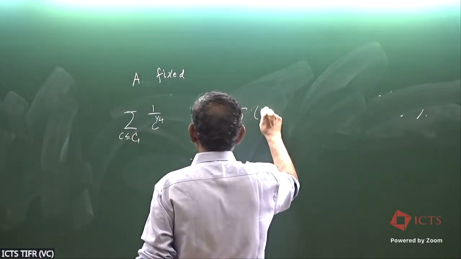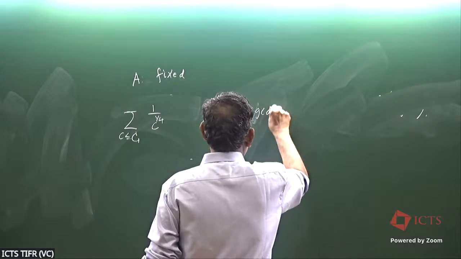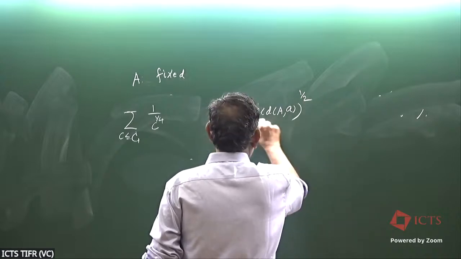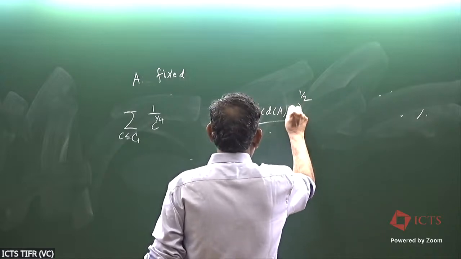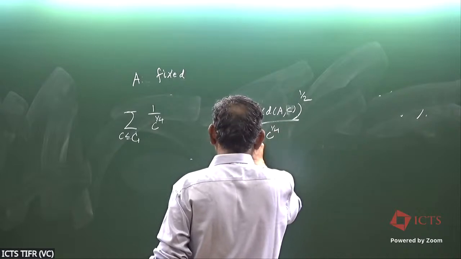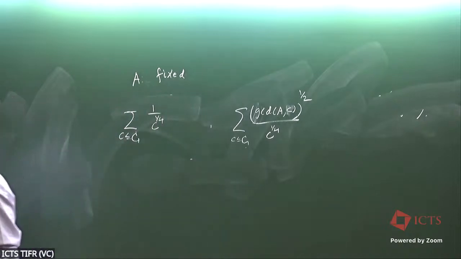And then the GCD of c and a to the power half, over c power 1/4, c less than or equal to C. I want to say that if you don't mind an epsilon this way or that way, then both the estimates are essentially the same. That's all I want to say. And even if it were not half but 1, anything, the estimates would be the same, depending upon A, which is fixed.